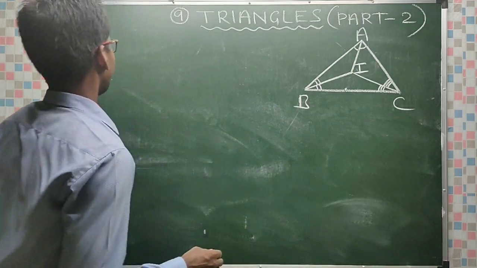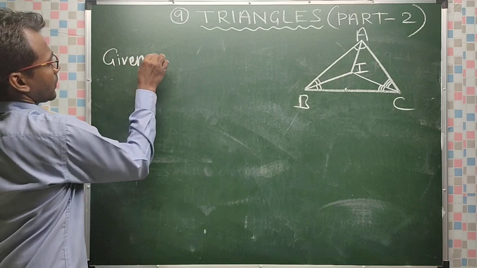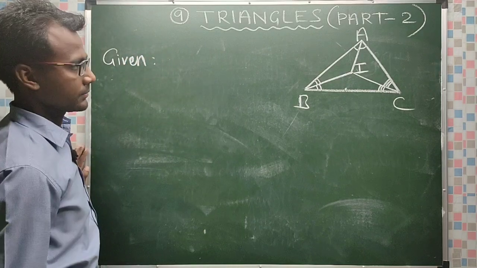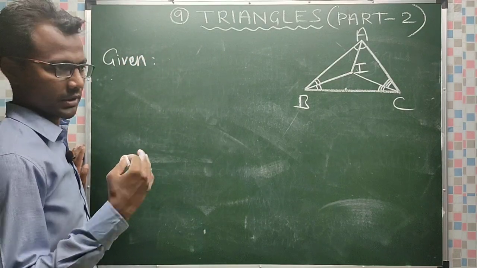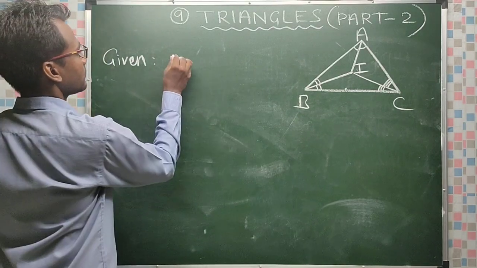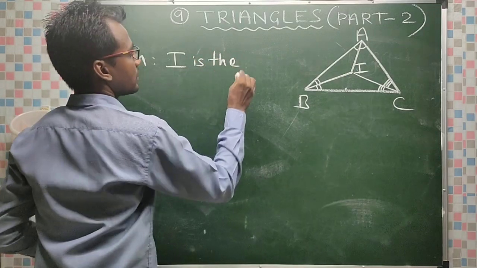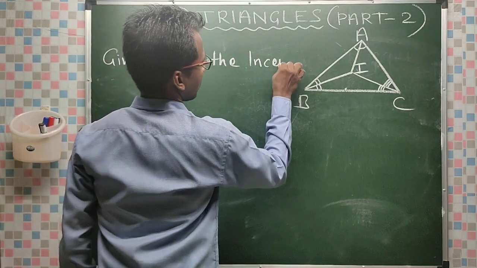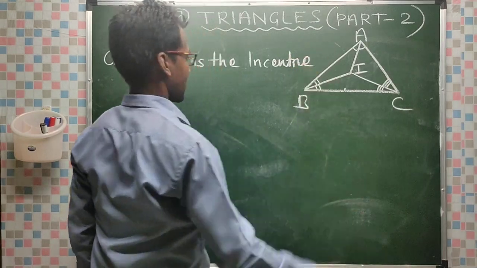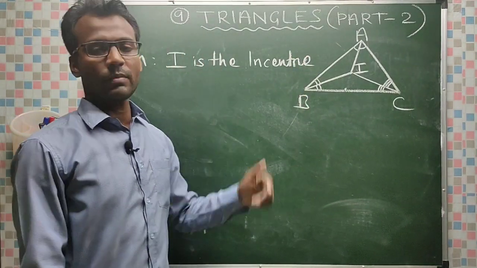So this is the process in which you have to write. First, given. What is given? I is the incenter. Incenter means it is the point of intersection of angle bisectors.